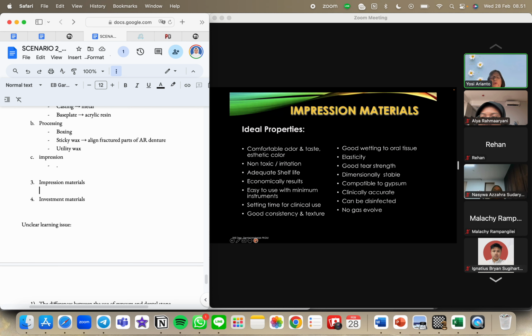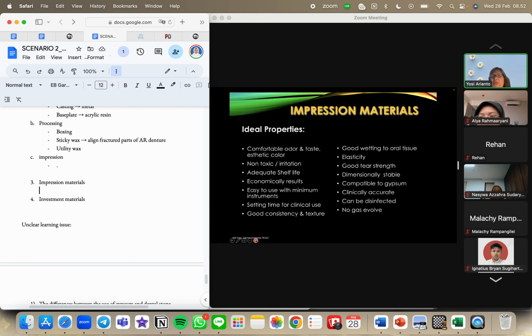Okay, next we are going to talk about the impression materials. So these are the ideal properties. It should be comfortable with the odor and taste, and also the aesthetic color. You won't like to see, when you are going to get an impression from your dentist, a color that is maybe different or black or something like that.